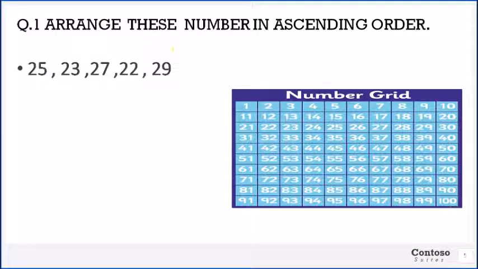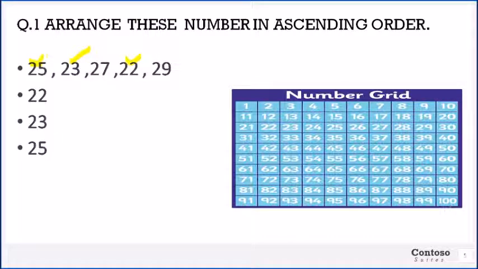Among these numbers, the smallest number we know is 22. Then after 22, among the rest of the numbers, that is 23, 25, 27 and 29, 23 is the second smallest number. So 23 will come next. Then among the rest, that is 25, 27 and 29, 25 will be the smallest among these three, so 25 will come next.